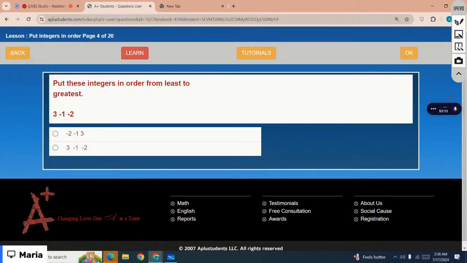So which is the correct option? Yes, that's -2, -1, and 3. Option number 1 is the correct option.